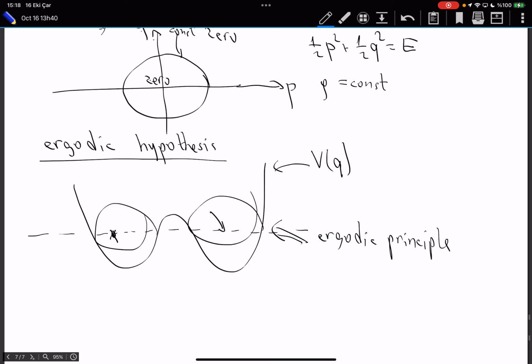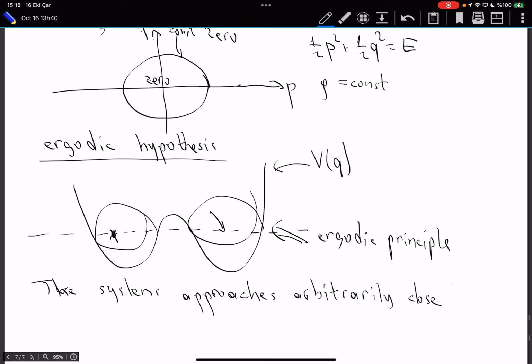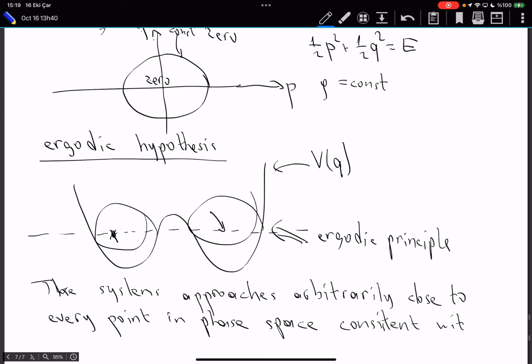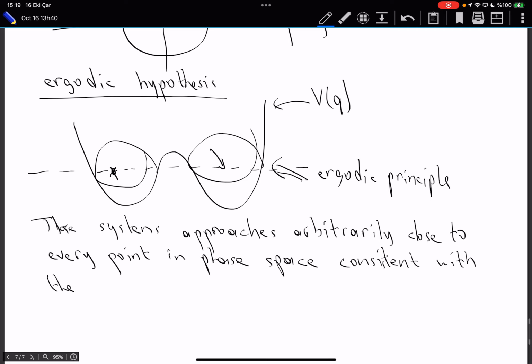Which basically states that the system approaches arbitrarily closely to every point in phase space consistent with the constraint of the system.